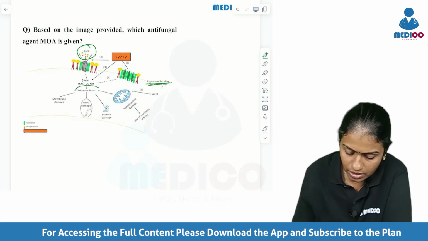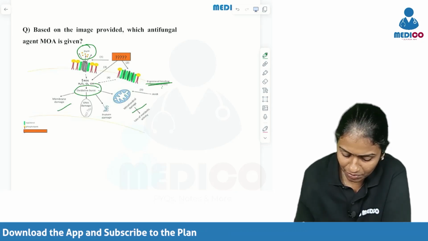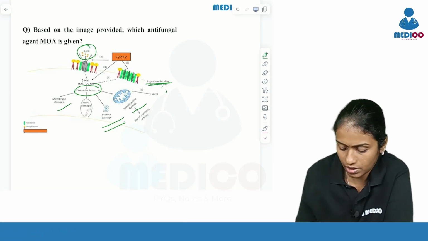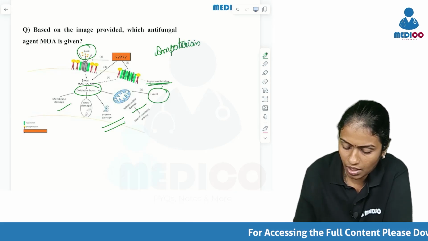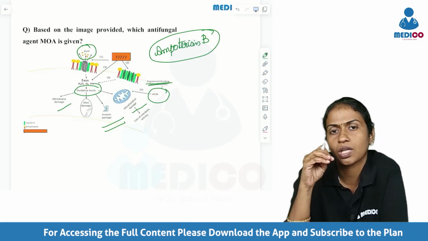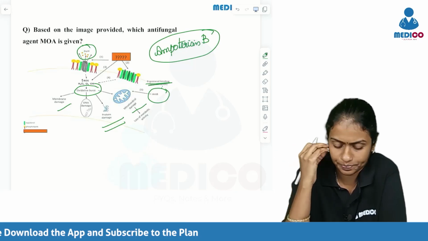And there is oxidative burst, there is membrane damage, there is mitochondrial damage, there is protein damage. So which drug is this? The drug is amphotericin B, which binds to ergosterol, forms pores, and will result in cell lysis.